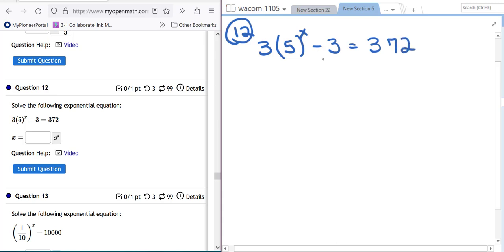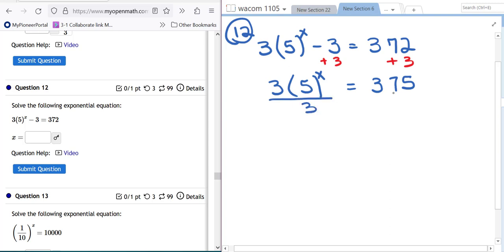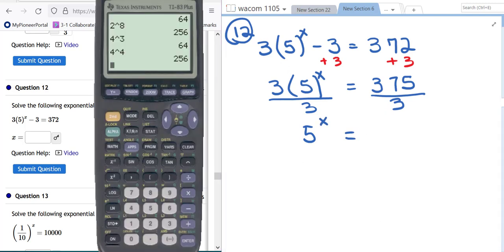So first we need to add the 3 to both sides. So 3 times 5 to the x equals 375. You're going to divide out this 3. So you have 5 to the x equals, and that just goes to your calculator.